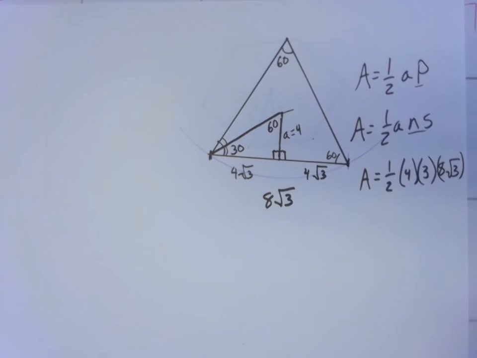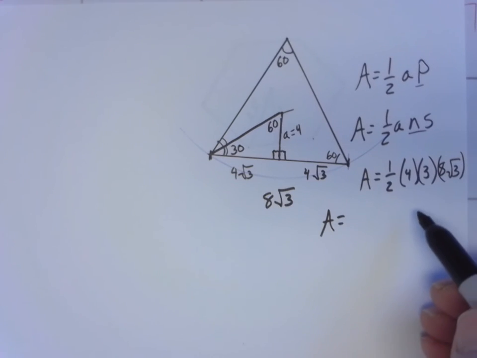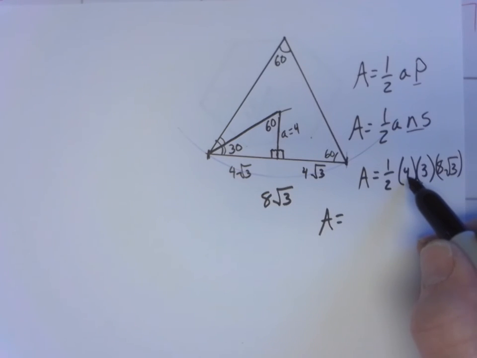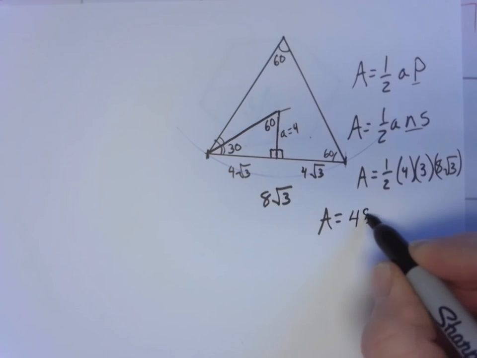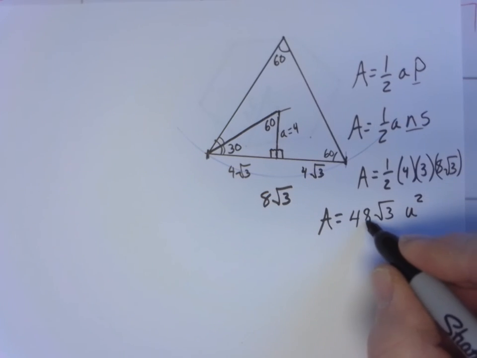Okay, we can find the area of this triangle. So we have, I don't know how you guys want to do this one. We can go half of 4 is 2. 2 times 3 is 6. 6 times 8, that's 48 radical 3. And that would be the area in square units right there.